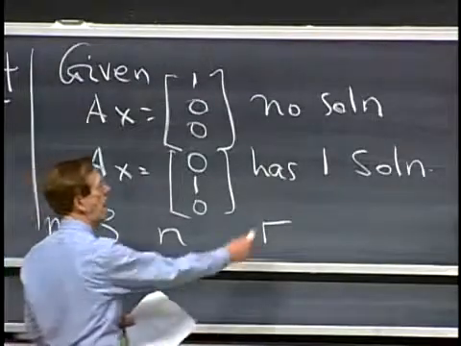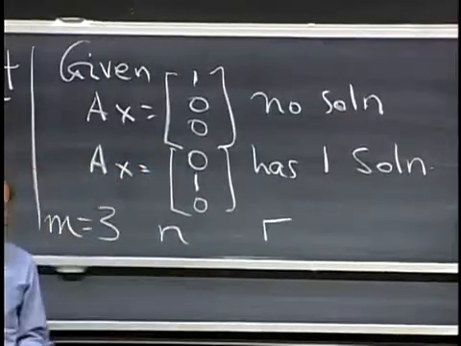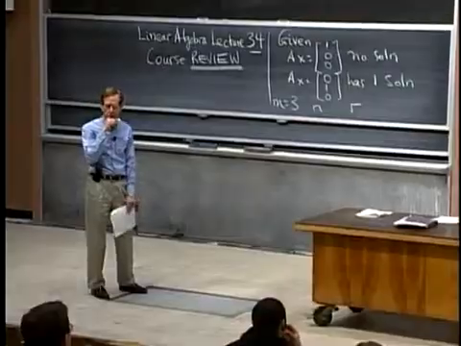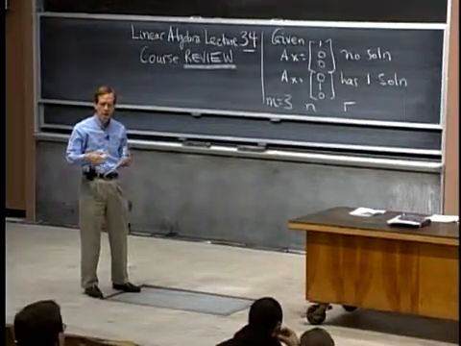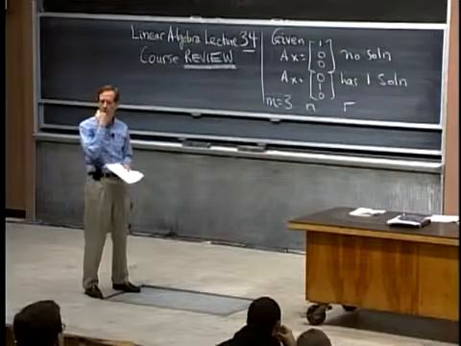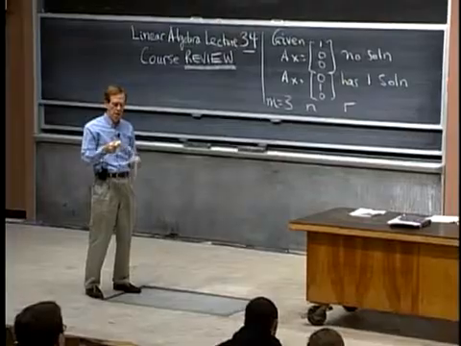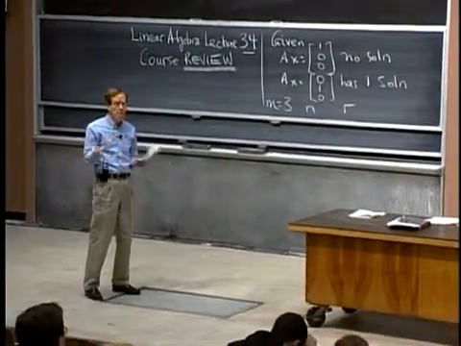Let's take them one at a time. When I discover that some equation has no solution, that there's some right-hand side with no answer, what does that tell me about the rank of the matrix? It's smaller than M. Is that right?